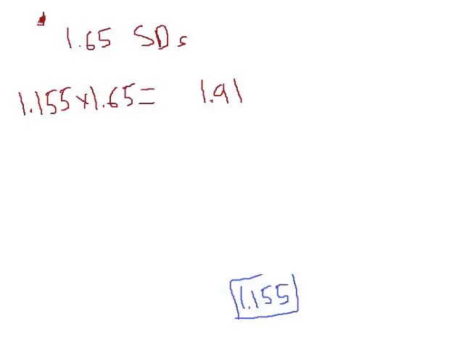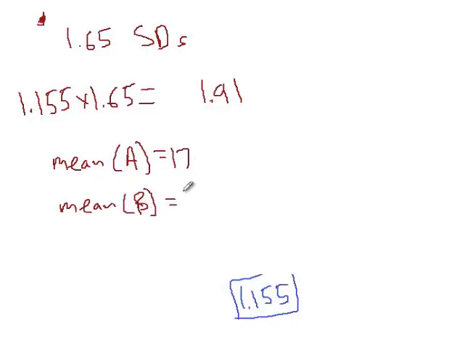Now, if you'll recall, the actual difference between the means was 2. Remember, the mean of pill A was 17, and the mean of pill B, in terms of weight loss, was 19. So the difference between A and B, the mean of B minus A, was 2.